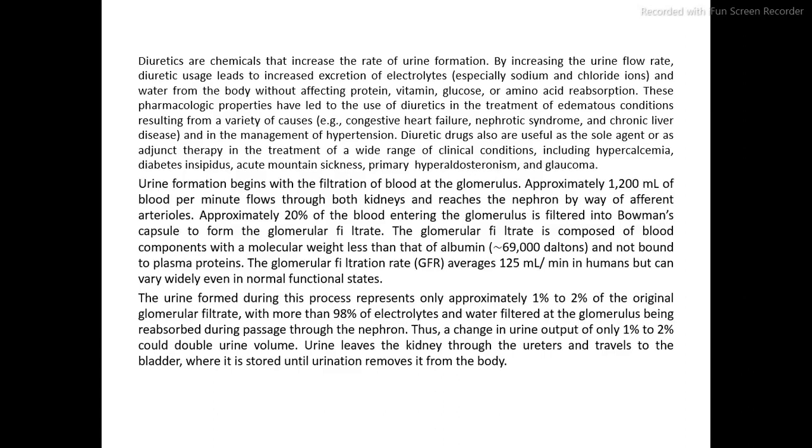Each component of the nephron contributes to the normal function of the kidney, and thereby each component is the target for a different class of diuretic agent, because each component of the nephron has some specific activity.